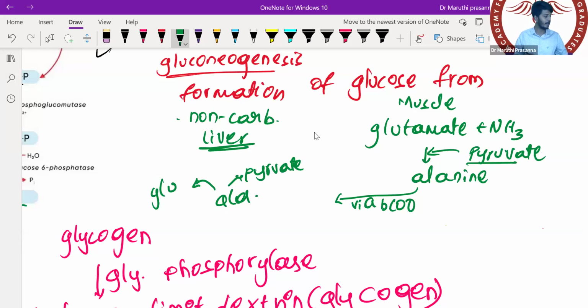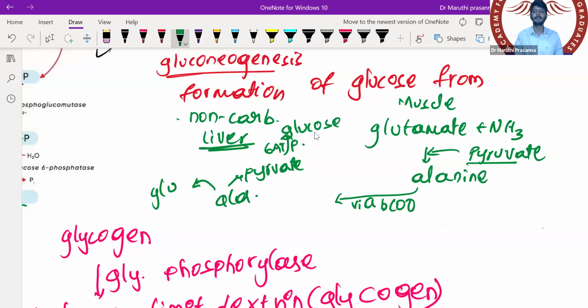Do you remember, conversion of glucose to pyruvate is glycolysis. All the reactions which took place in glycolysis will become reversed. So basically pyruvate will go back and form glucose using some ATPs. Usually it uses 6 ATP.